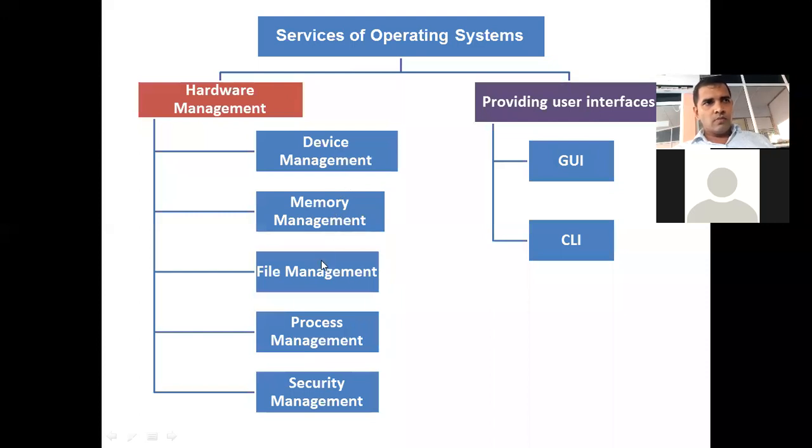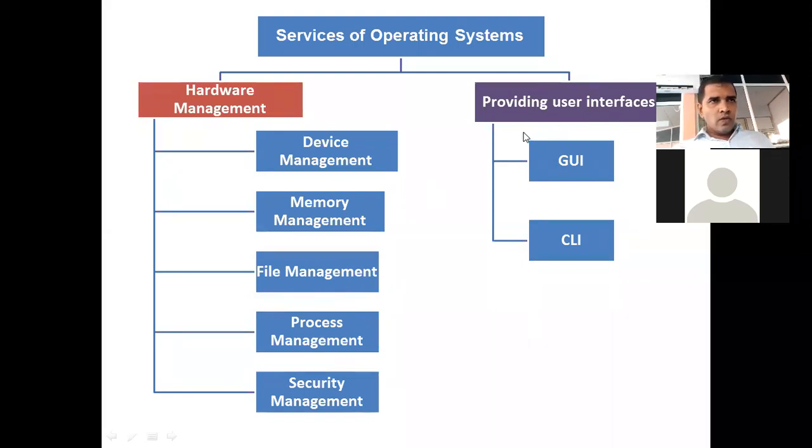Device management, memory management, file management, process management, and security management. Even though some of the words seem not too related to hardware, wait, I will explain everything, right? I'm showing this diagram only to get an idea. That doesn't mean that you have to understand everything at this particular point, right? It will take some time to understand everything, right?